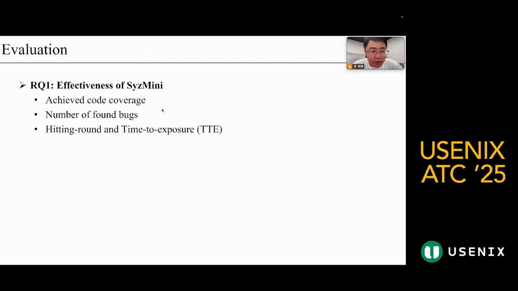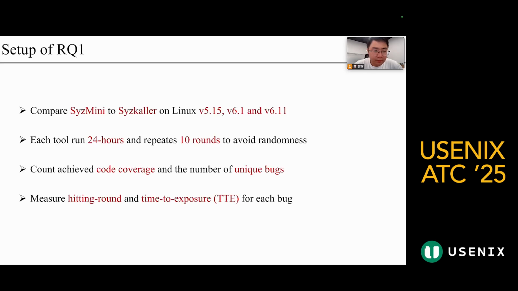For the evaluation, we first evaluate the effectiveness of SysMini in terms of the achieved code coverage, the number of found unique bugs, and the hidden run and time to exposure. For the setup of RQ1, we compare SysMini to Syzkaller on 3 Linux versions.